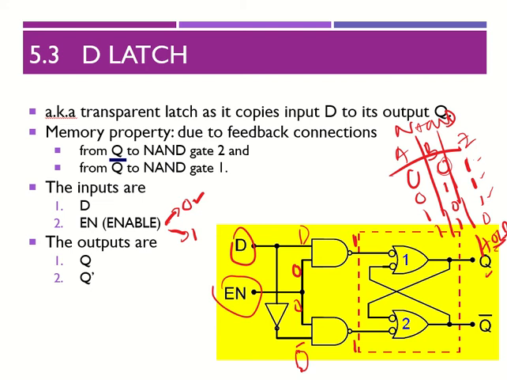So let's see how it works for the enable equal to 1.